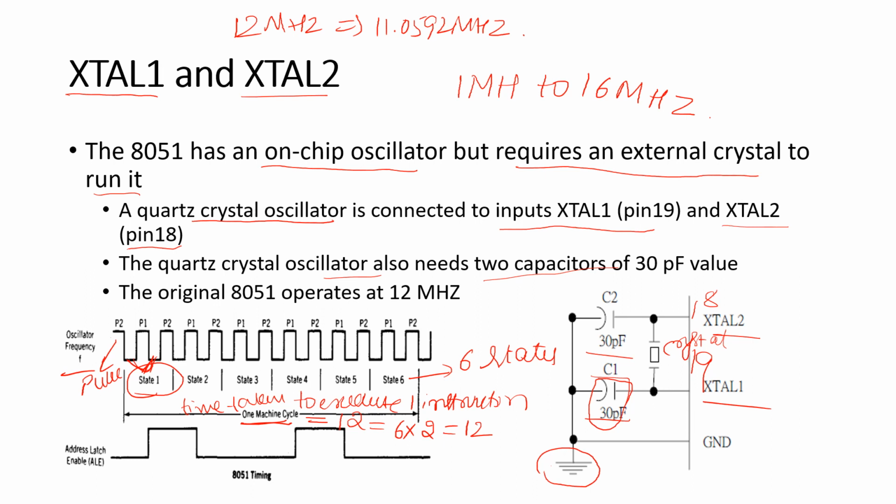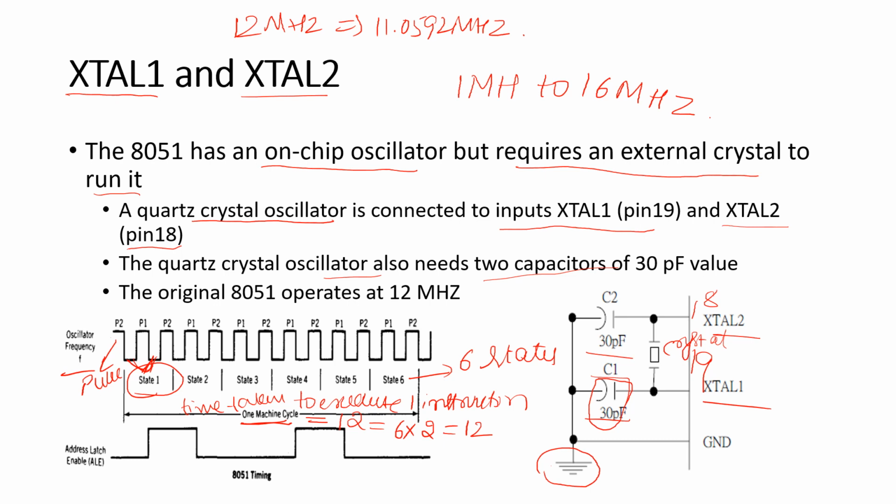Now, to calculate the time of any particular instruction which we execute, I have to find the number of cycles C, and the time to execute that instruction is then found by multiplying C by 12, and finally dividing by the crystal oscillator frequency.